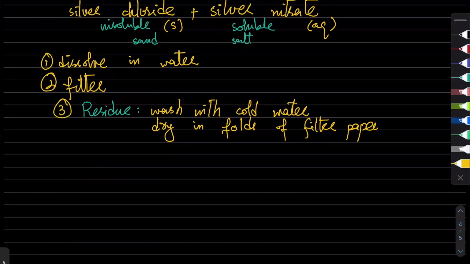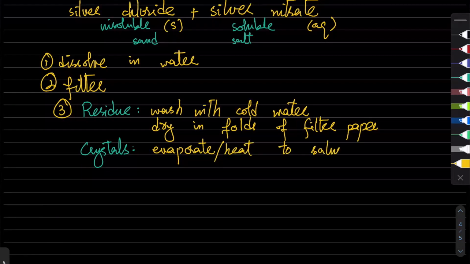If the examiner is saying, no, I don't want residue, I want crystals, then the method is slightly different. Here, you will not wash with cold water. What you will do instead is evaporate or heat to saturation point.